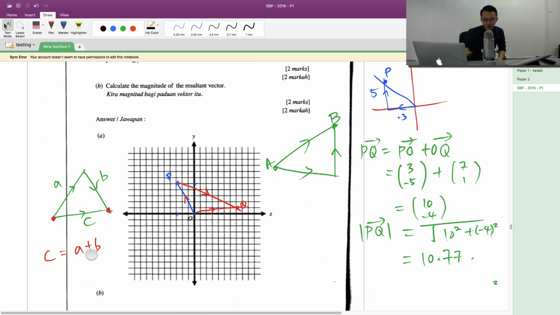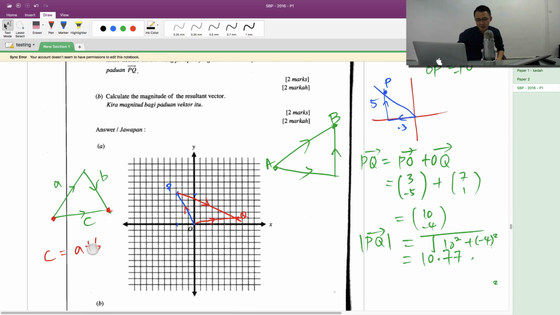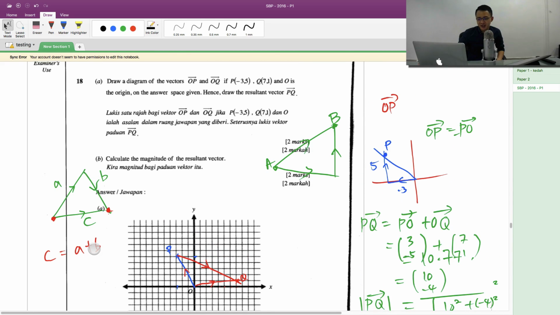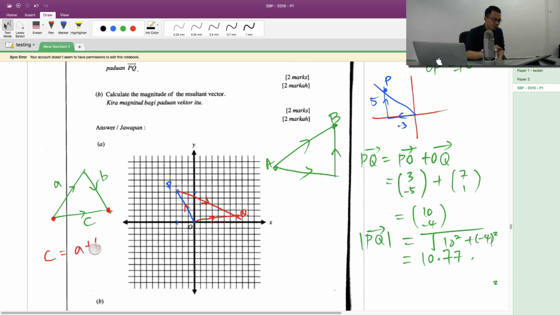But for the question on top here, I feel a bit weird, because the first thing it asks us to draw is OP, so my arrow has to face outward. OQ, the arrow has to face outward as well. Then they ask us to draw the resultant PQ, so I just connect P to Q. But this arrow doesn't tell me PQ is the resultant vector.